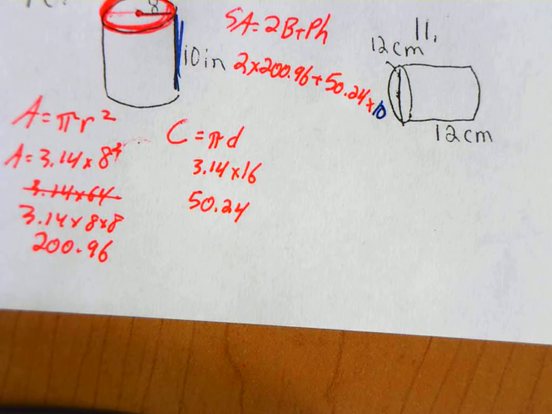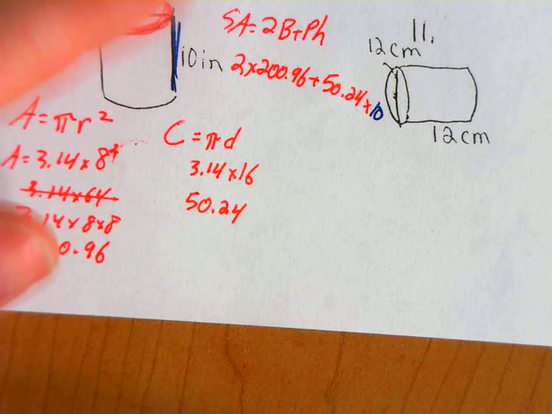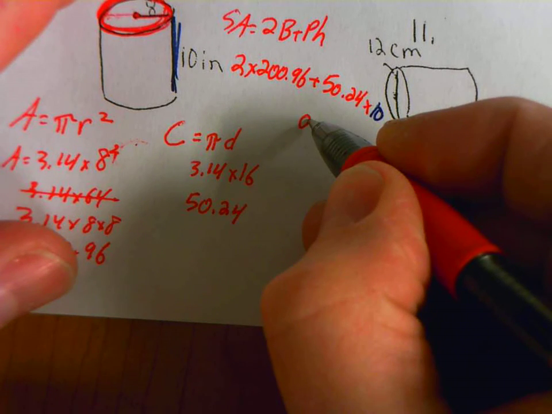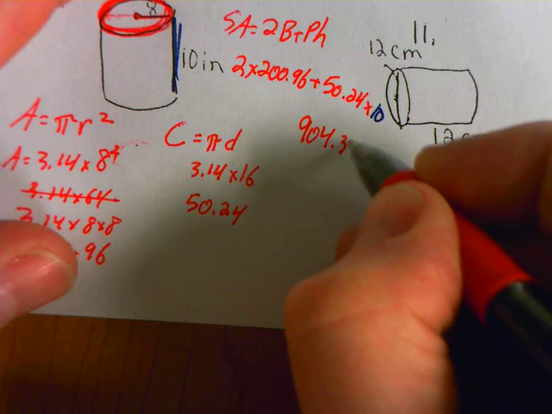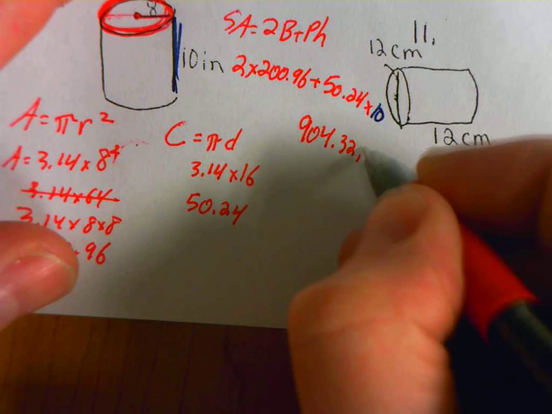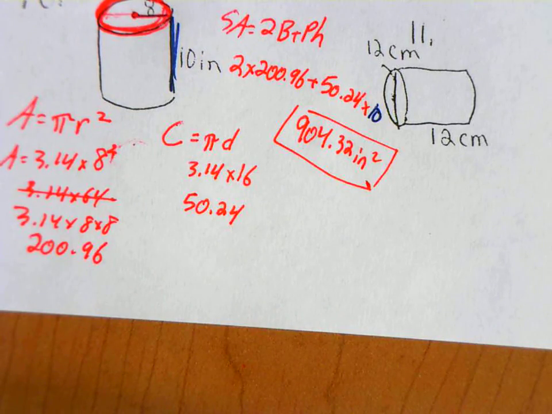Then type it in very carefully. Again, make sure you double check it. Last time, second hour actually yesterday, I typed in one number wrong. I was off by tenths or even hundredths, and I got the answer wrong. Did we get 904.32? Yes. 904 and 32 hundredths inches squared.